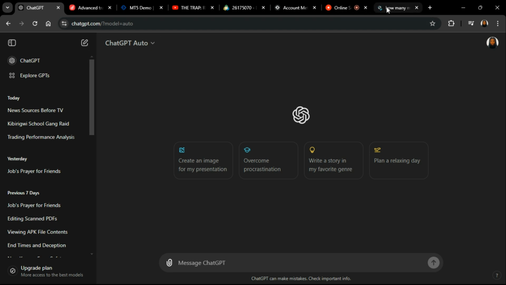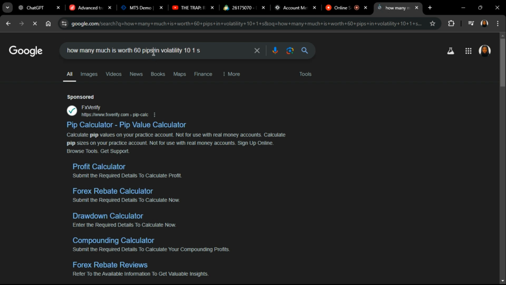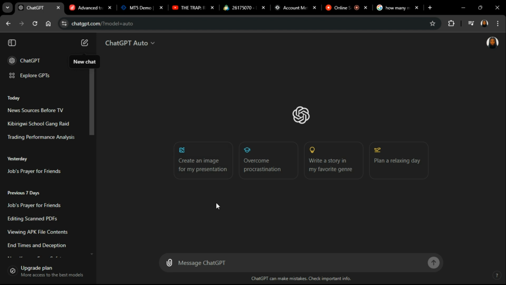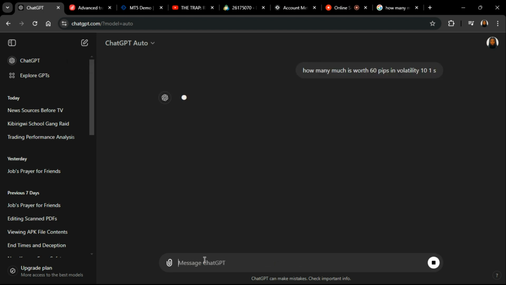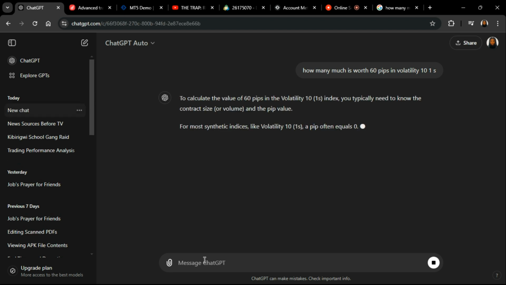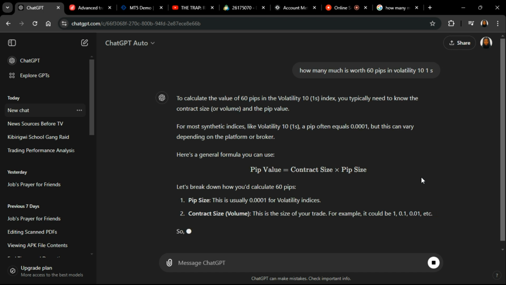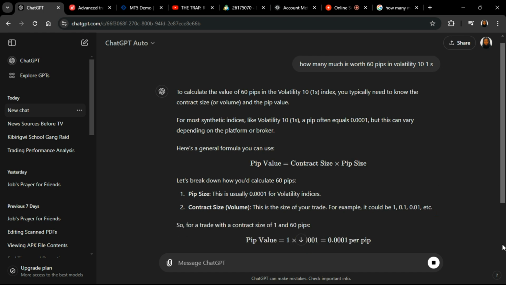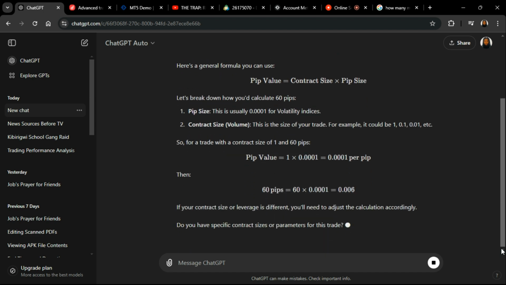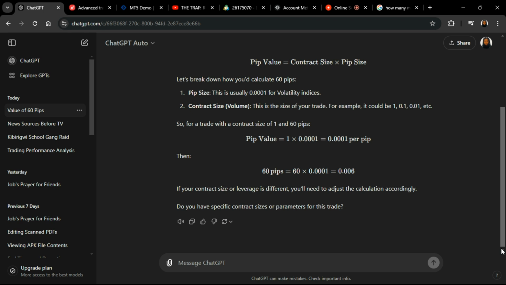So let us just use ChatGPT. It's going to be a clear one. So let us see how much we are worth if you made such an entry. And let us add a lot size of 0.5.